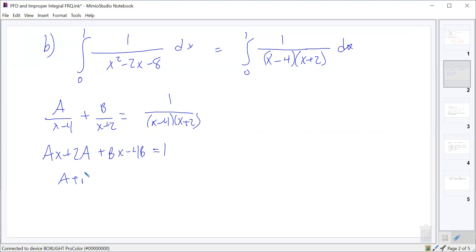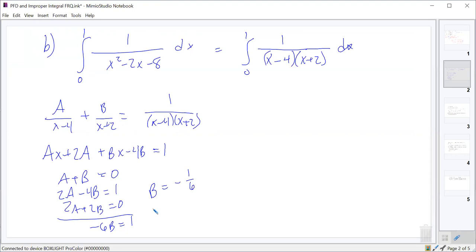And A plus B x's is 0 x's, and 2A minus 4B is 1. So we'll probably just make this 2A plus 2B still equals 0. And subtract, so negative 6B equals 1. So B is negative 1/6, and A then is positive 1/6.